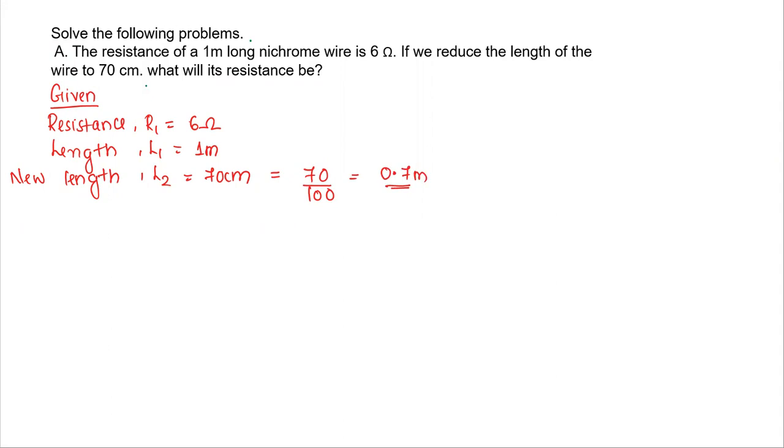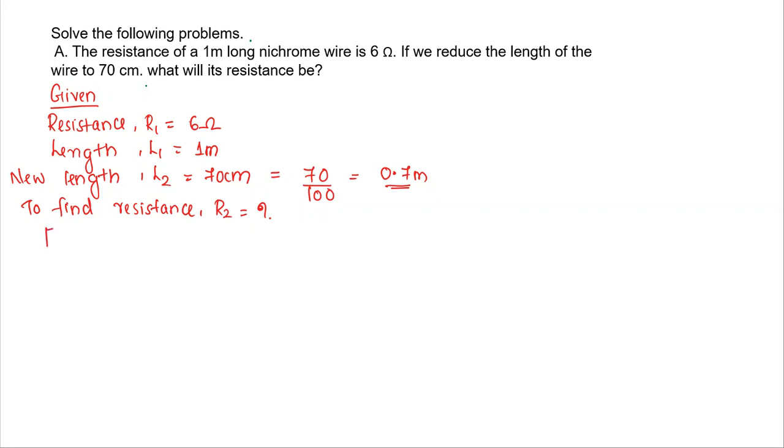Now, the corresponding resistance we want to find out. So, to find resistance R2, this is what we want to find out. Here length and resistance are given. What is the relation? Which formula do we have to use?